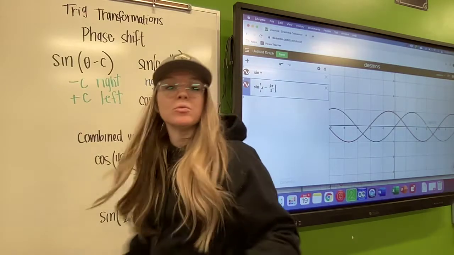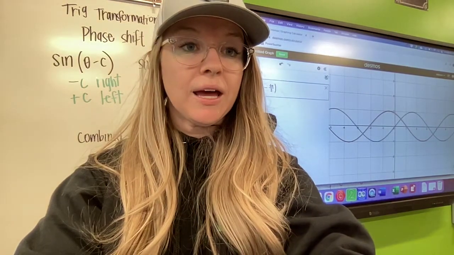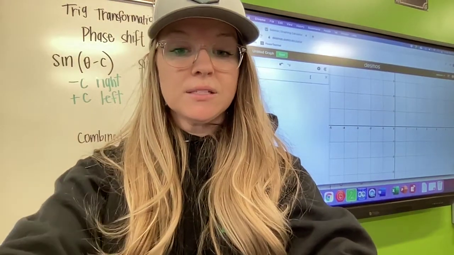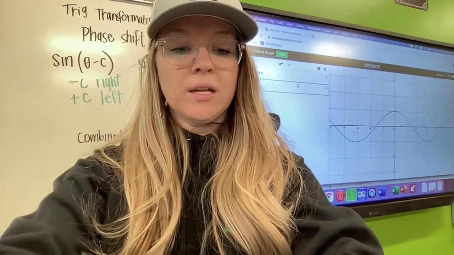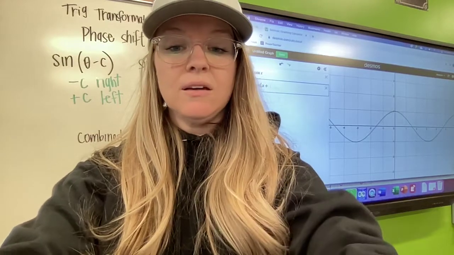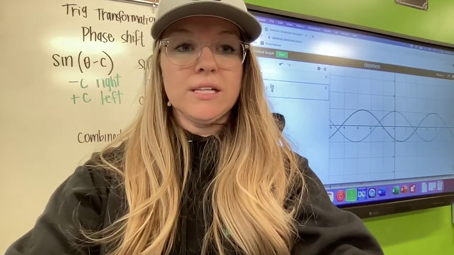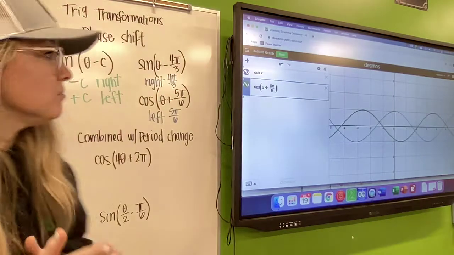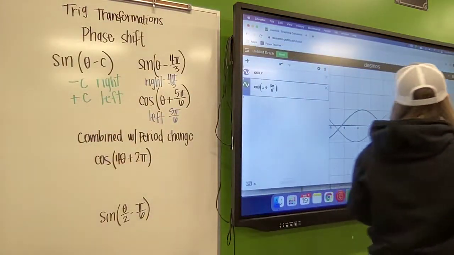So I'm gonna get our visual up here. So I'm gonna have my cosine of x, and we're now gonna have the cosine of x plus 5 pi over 6. Okay, so again, we got a pretty cool DNA thing here.